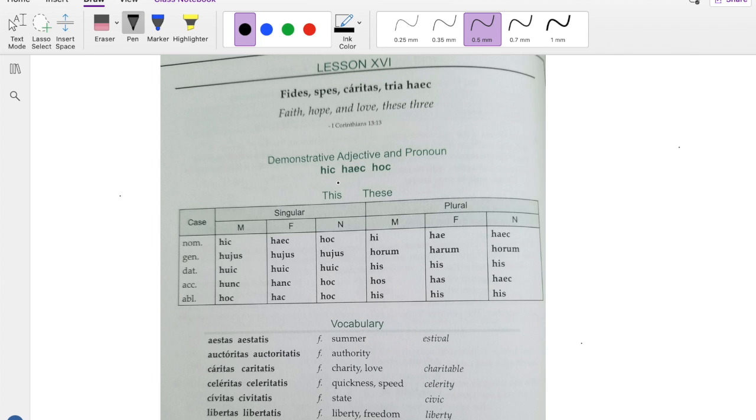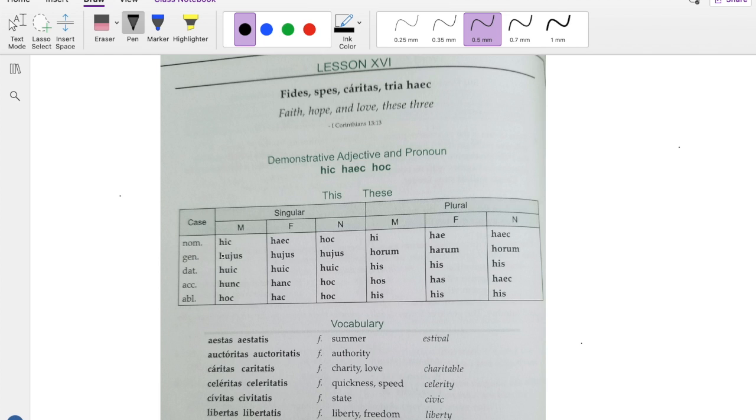And case, you will have to match for the adjective. If you were going to talk about this apple, malum in Latin, so it's neuter, you would have to say hoc malum. You have to match it in number and gender, and then you have to match it in case too. So if it's nominative, you would have to say hoc, for instance. So that's the adjectives and pronouns in a nutshell.